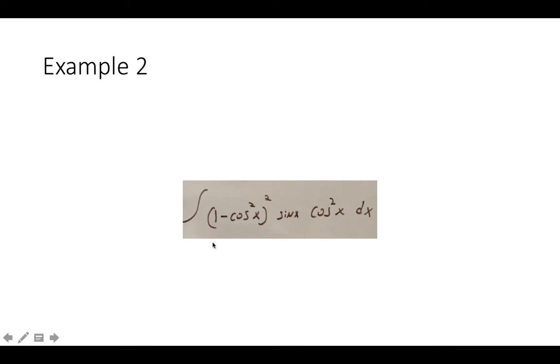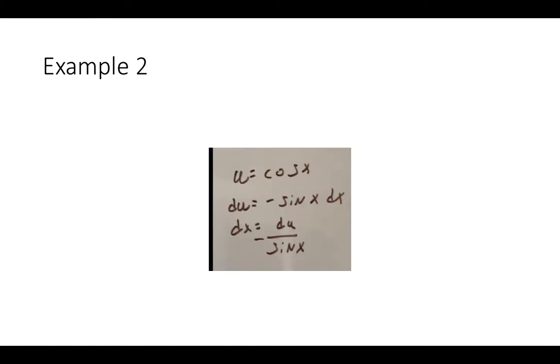So basically, now we have 1 minus cosine squared x, squared, times sine x times cosine squared x dx. Now we're going to pick our u. It makes sense to make our u cosine, because if we make our u sine, we're not going to cancel anything out. If we make our u cosine, we can cancel sine x out. So we make our u cosine x, and we get du equal to negative sine x dx, so dx is equal to du divided by negative sine x.